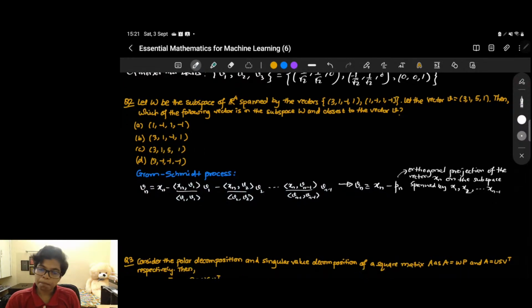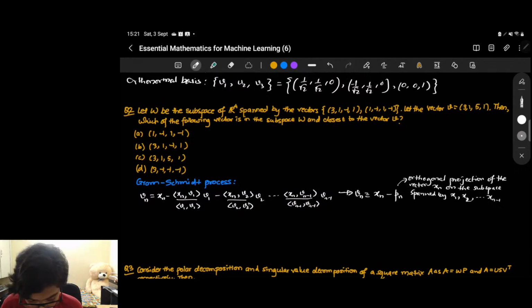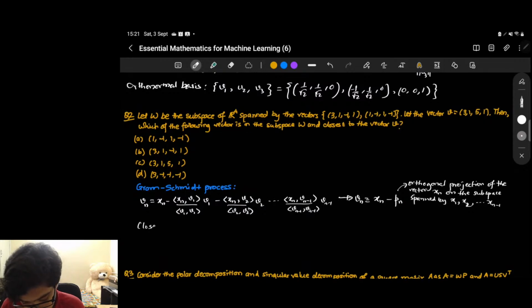And this Pn is the orthogonal projection. So by definition, that is the closest vector possible. So our closest vector would then be this Pn. So this closest vector is actually Pn, and we can find it as follows.